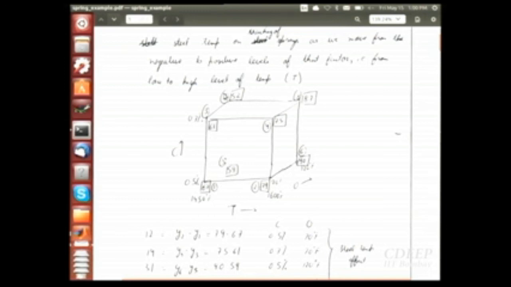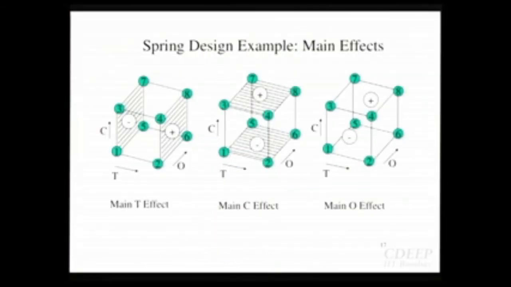Fine. So in the temperature case, you had these 8 runs. To get the effect of temperature, you are adding the response values at these 4 runs on this side of this plane and subtracting the response values at the 4 runs on this side of the plane. For carbon, this is your positive plane and this is your negative plane.